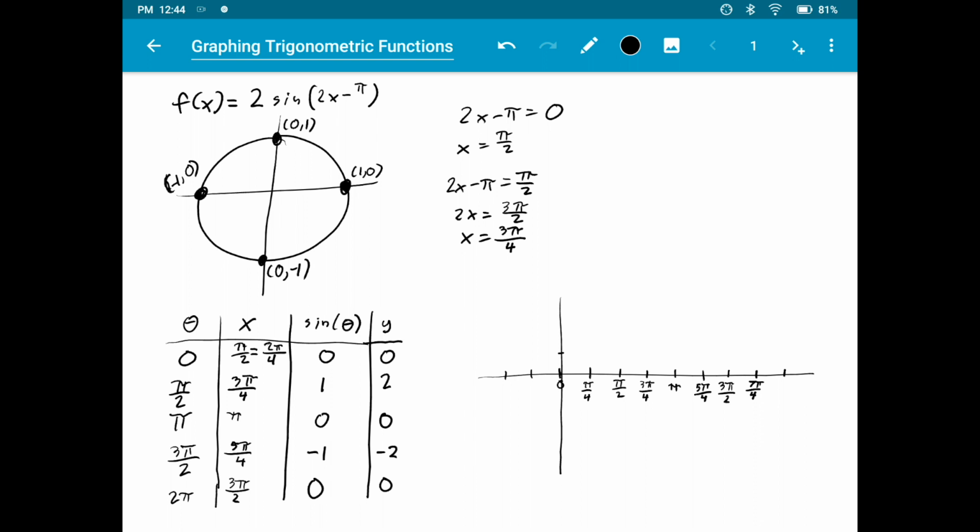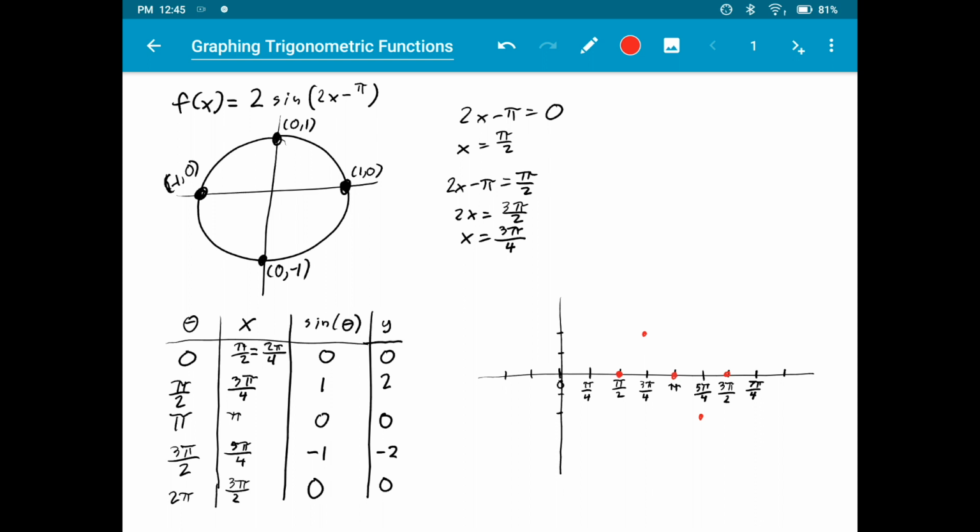The y values are going to be between negative 2 and 2. At x equal pi over 2, we get a y value of 0. At x equal 3 pi over 4, we get a y value of 2. At x equals pi, we get 0. At x equals 5 pi over 4, we get negative 2. And at x equals 3 pi over 2, we get 0.